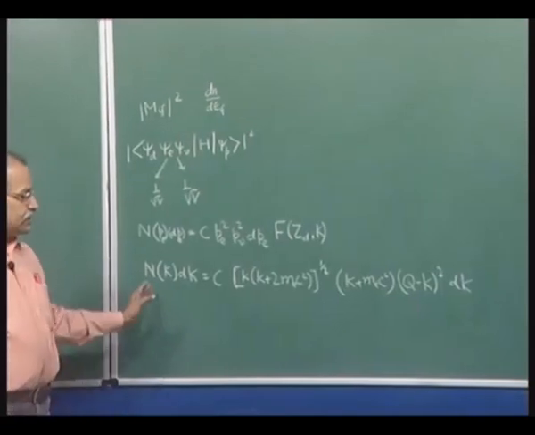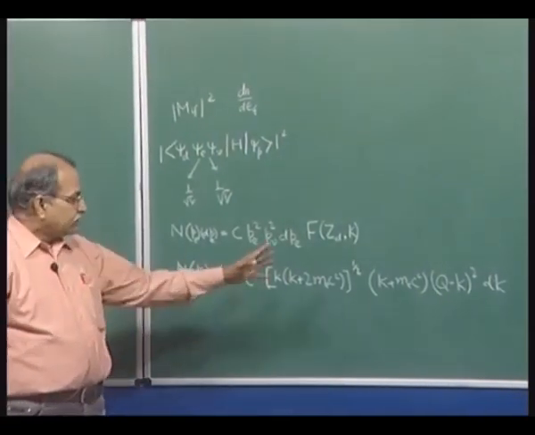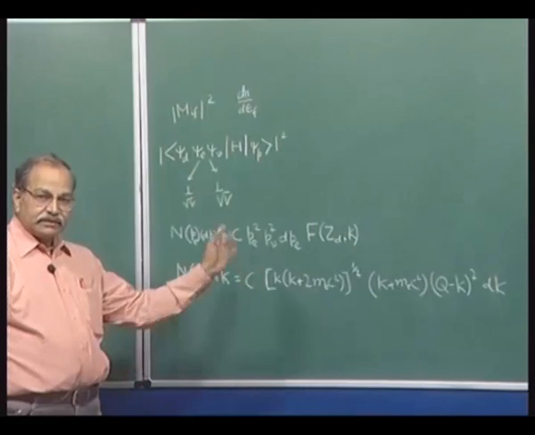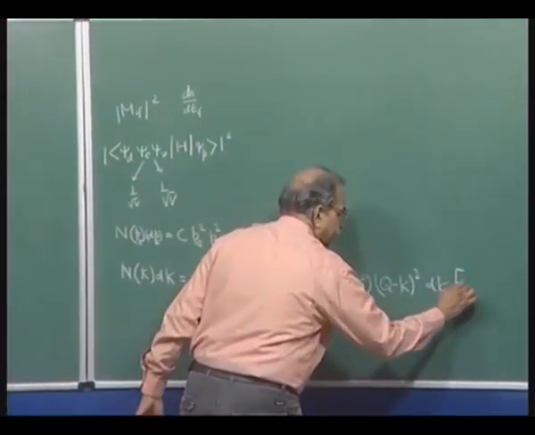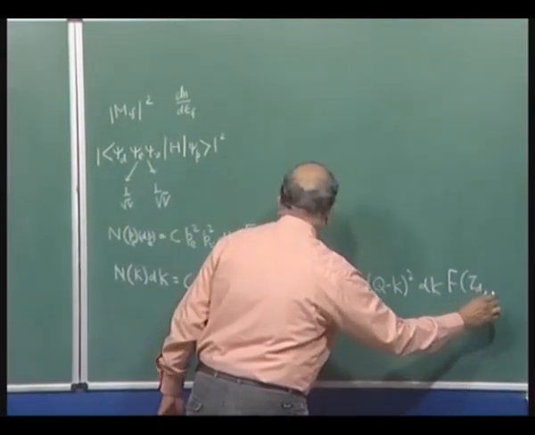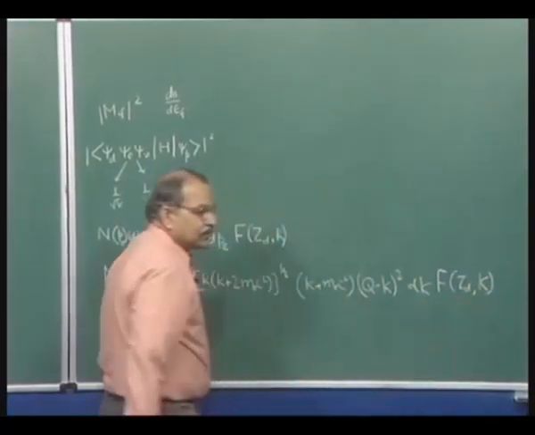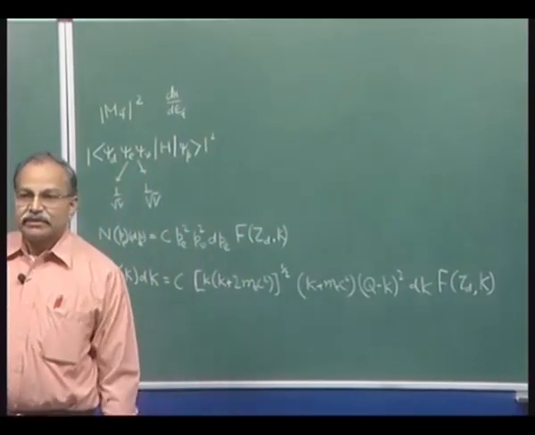So, this N_k versus k we try to calculate, and of course this F factor, and match with the experimental shape.